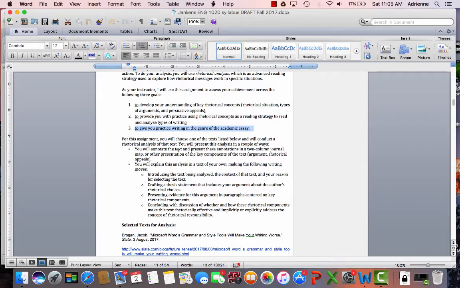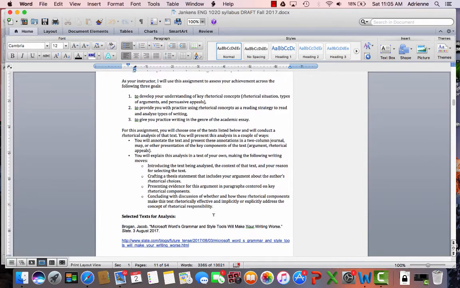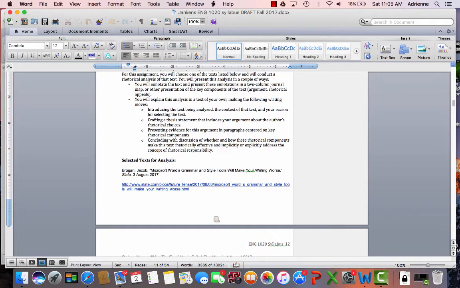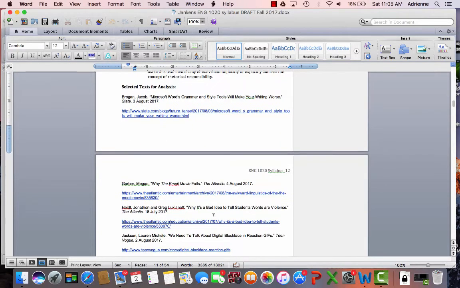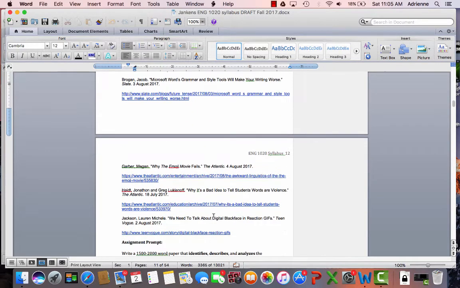So for this, you're going to be annotating that text, doing a 2-column journal like you did in class the other day, and mapping out those concepts of argument and rhetorical appeals so you can start to think about the pieces of the whole article in different ways. And then you're going to make moves like practicing introducing texts and making your own thesis, providing evidence for an analytical argument. Now, for this assignment, I have pre-selected 4 articles for you to pick from.